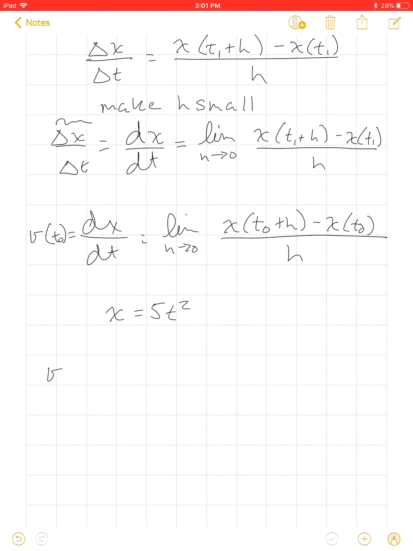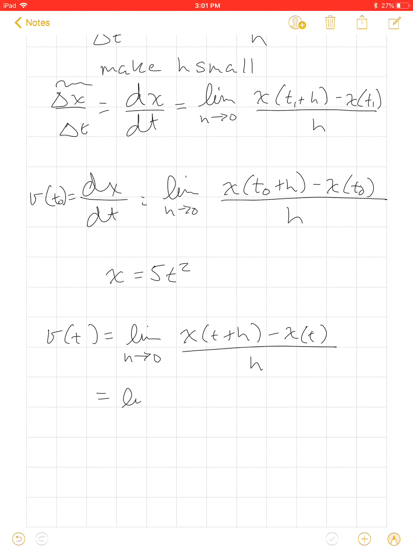So we're going to have v of t is equal to the limit as h goes to 0 of x of t naught, well, we'll just put t, plus h minus x of t, okay, over h. So limit as h goes to 0.